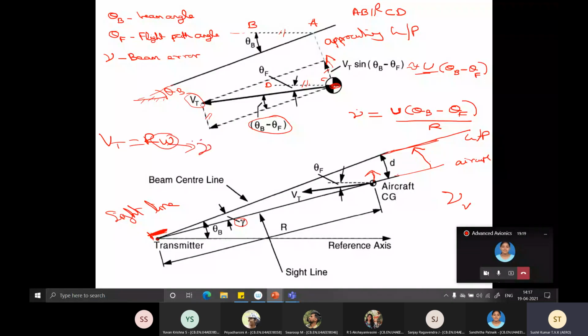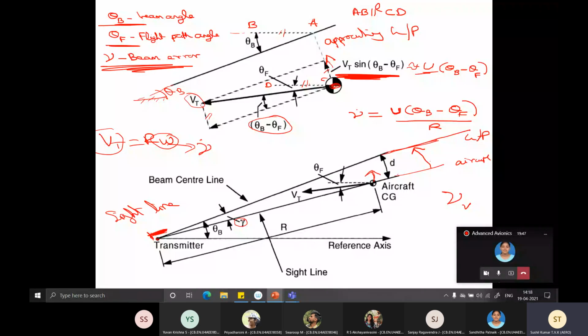That's all. And this tangential velocity is nothing but this component. So gamma dot becomes u times (theta B minus theta F) by r. Just again the nomenclature: theta F is the flight path angle, theta B is the beam angle, and gamma is the beam error.